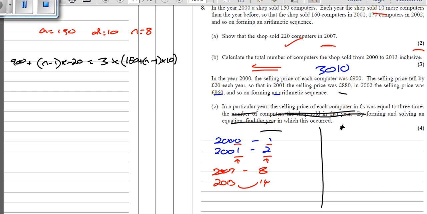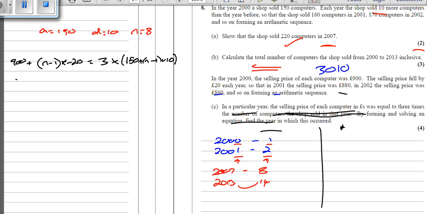So basically what's happened here is we've done the thing on the left equals the thing on the right. The thing on the left is the cost of the computer, which is going down by £20 each year. And the thing on the right is the number of computers sold each year times by 3. Then we simply multiply out the brackets.